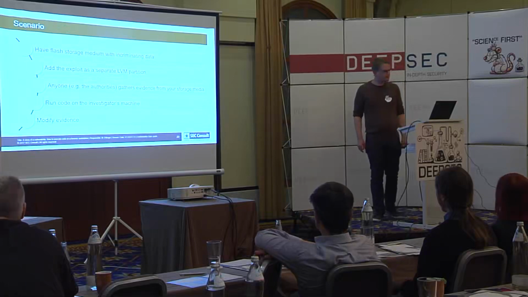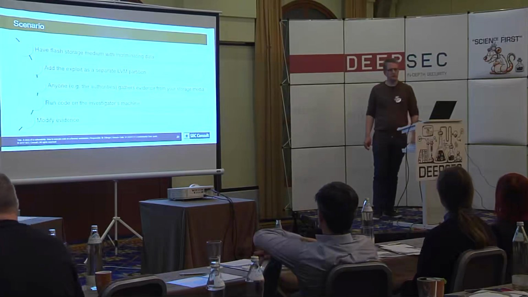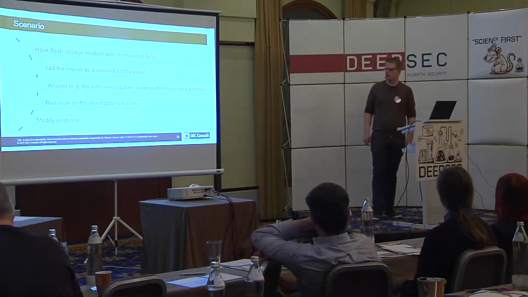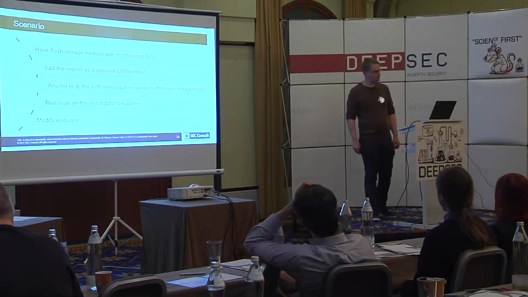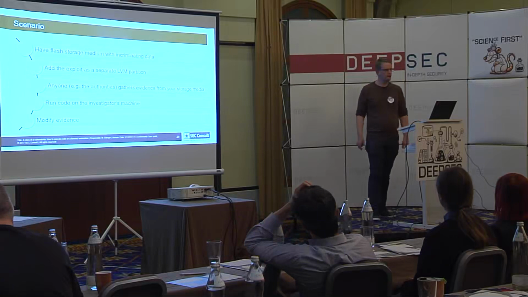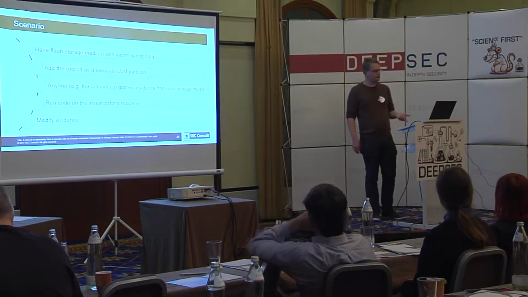So the scenario that would be used by a criminal to exploit this vulnerability is, for example, to have a flash storage medium with incriminating data and simply add an additional LVM partition with this exploit.